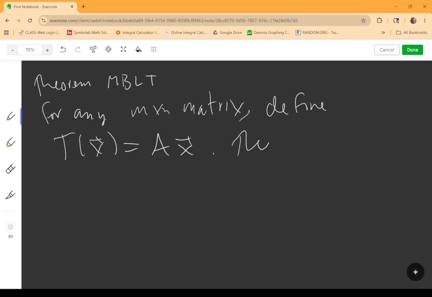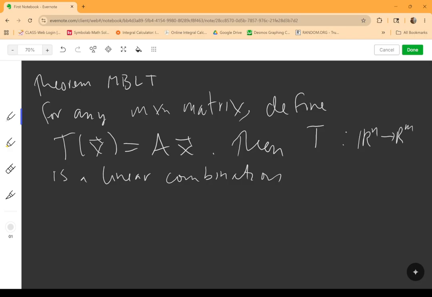Then T from Rn to Rm is a linear transformation. So really here, the fact is that any matrix, if you multiply by some vector x, represents some kind of linear transformation.